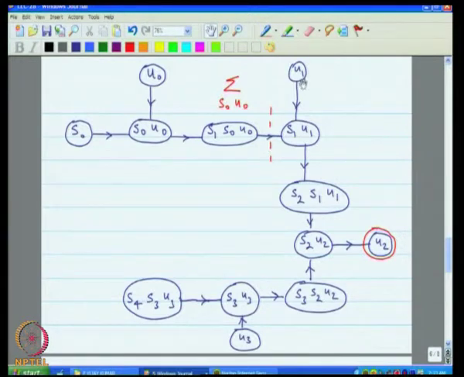The next instance when we marginalize is similarly here. There is a marginalization carried out here, and this time this marginalization is over S1, U1.